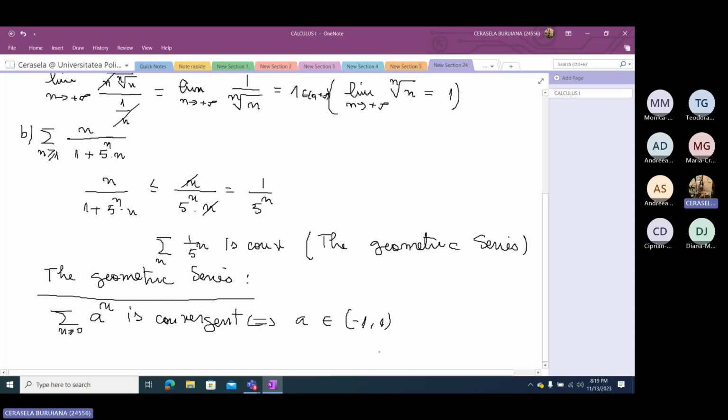Good. So remember about what happens with the geometric series. It's the series of general term a power n, and it is convergent if and only if a is in (-1, 1). Good. So now I will come back here.